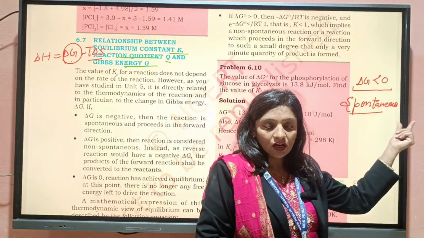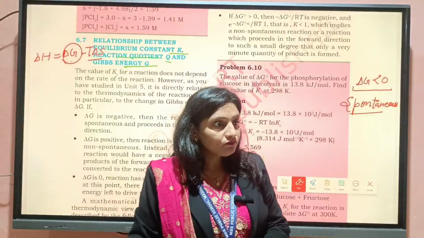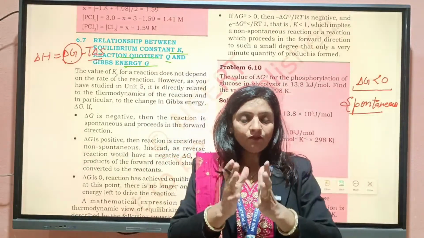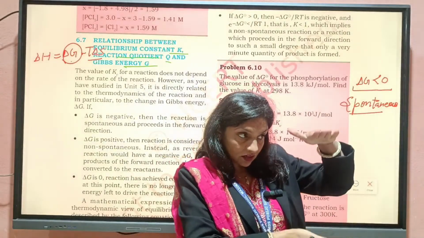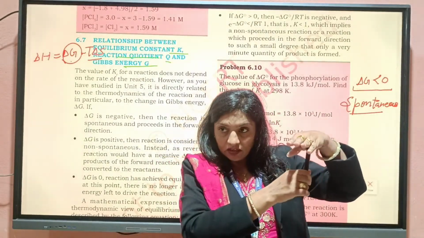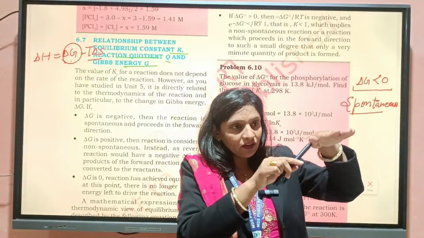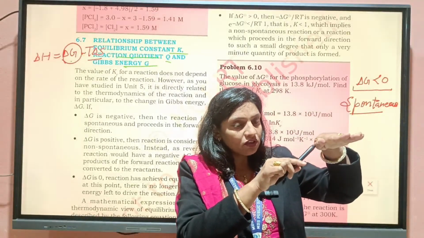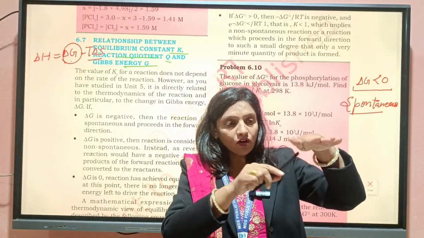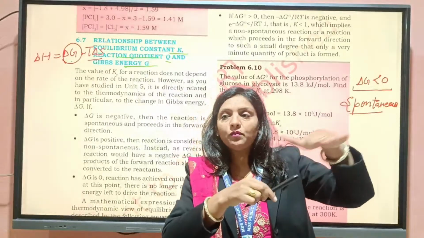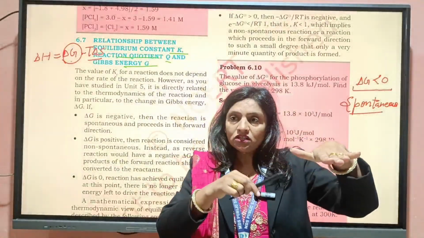Clear or not? Like students, if you have some water at a high level, and you add a pipe to it, then without any initiation that water starts to flow from the high level to the low level. So this one is spontaneous.